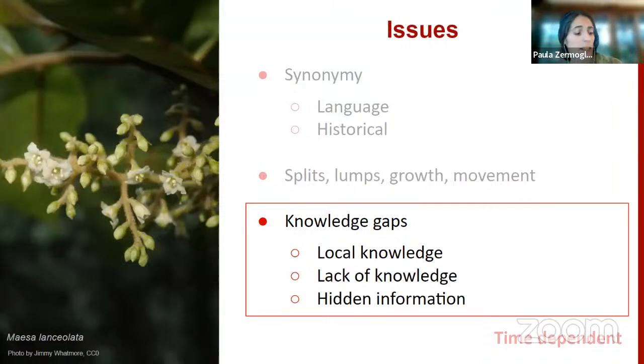In many places, the local knowledge is very rich, but doesn't go out of that local dimension. So it becomes important that if we're not familiar with a particular place, with a particular area, we try to find those local people who have that knowledge.